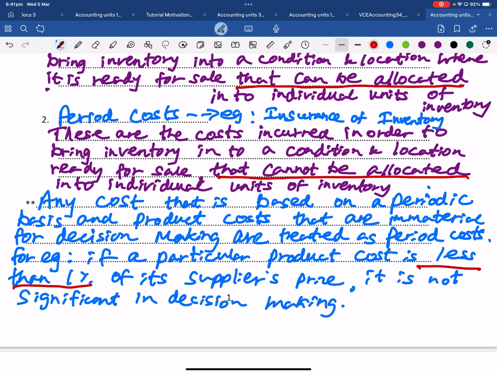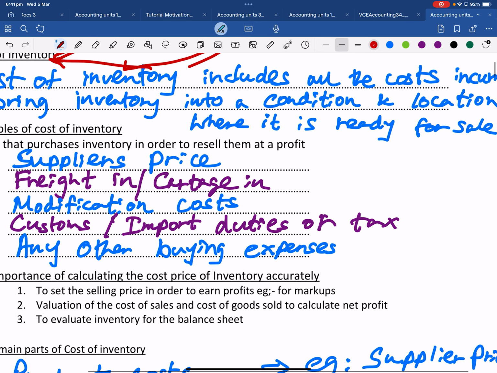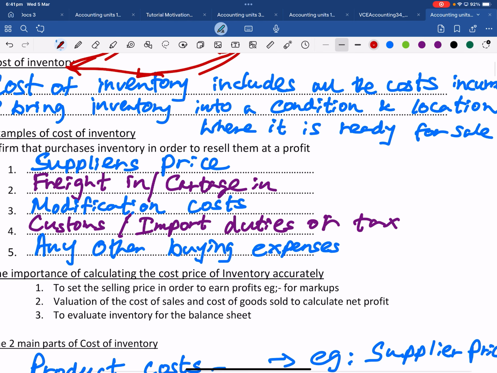Then we are going to record it as a period cost, even though it's a product cost. Now, from these five costs except the supplier's price, all the other costs can be both product and period. As long as we can logically allocate any of these costs to individual units, then we can identify it as a product cost.